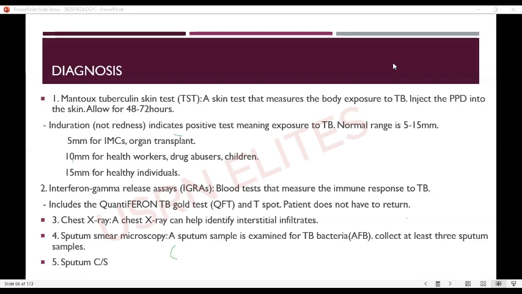What do we use this for? It is a skin test that measures the body's exposure to TB. This test just measures your body's exposure to the TB. Just that.